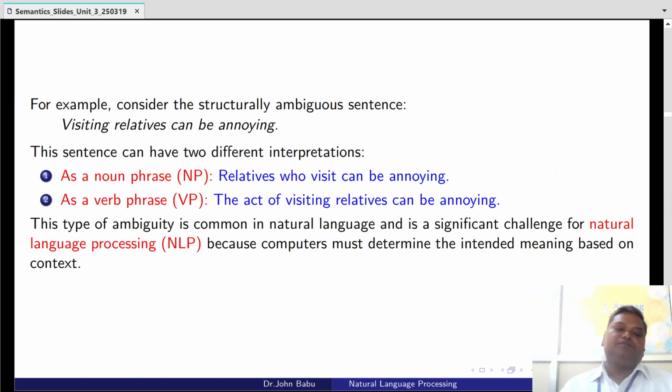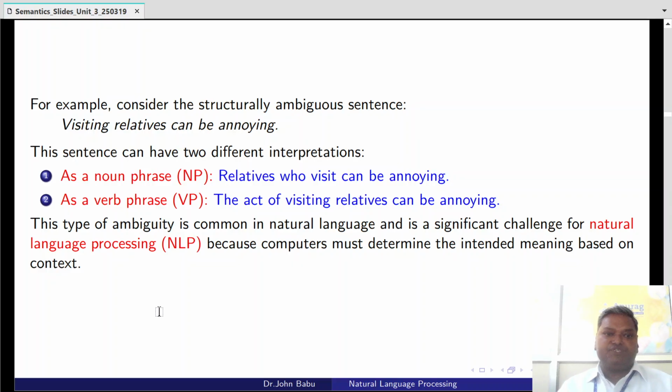For example, take the sentence: visiting relatives can be annoying. This is a very plain sentence, but is "visiting relatives" a noun phrase, or actually, when we visit relatives, that means visiting is a verb.